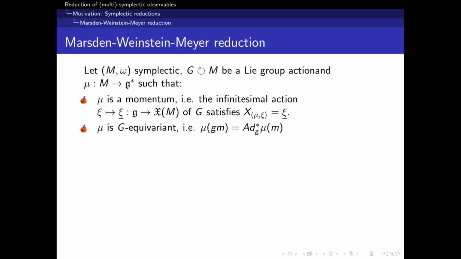I mean, in the symplectic case, if it's not G equivariant, the usual approach is to change the Lie group action on the Lie algebra, or even change the Lie algebra G a little bit, extend it, and define a new momentum map. I see.